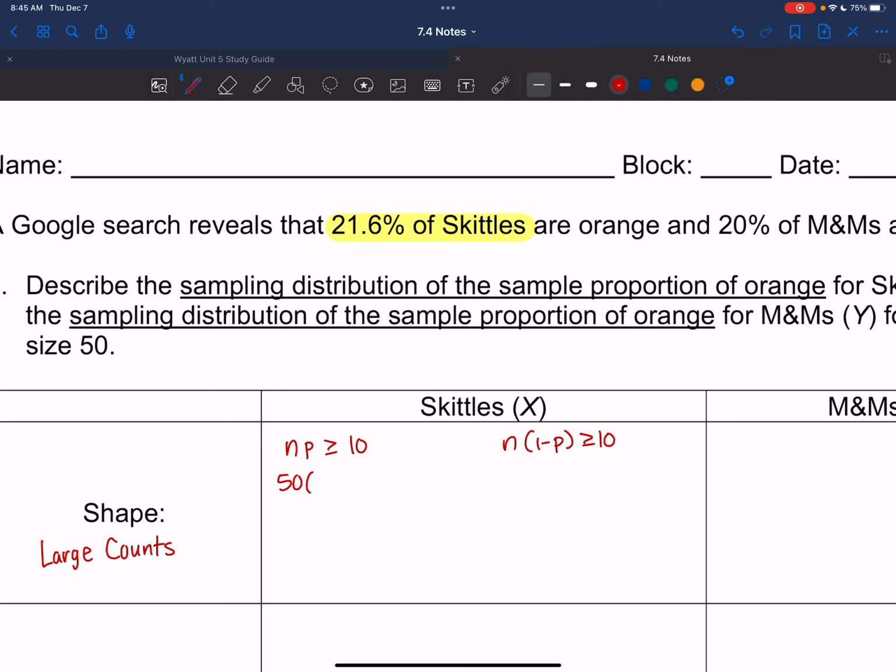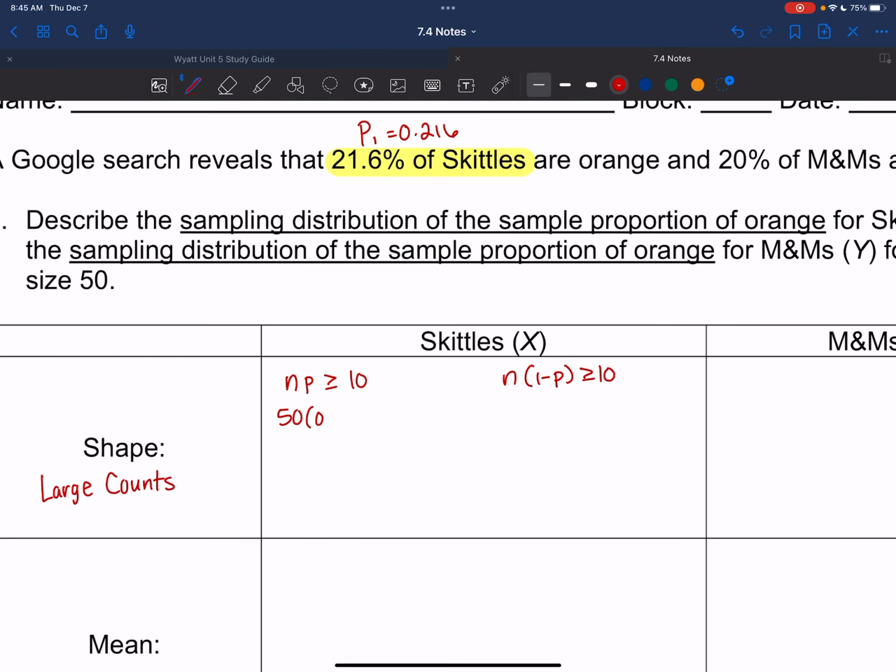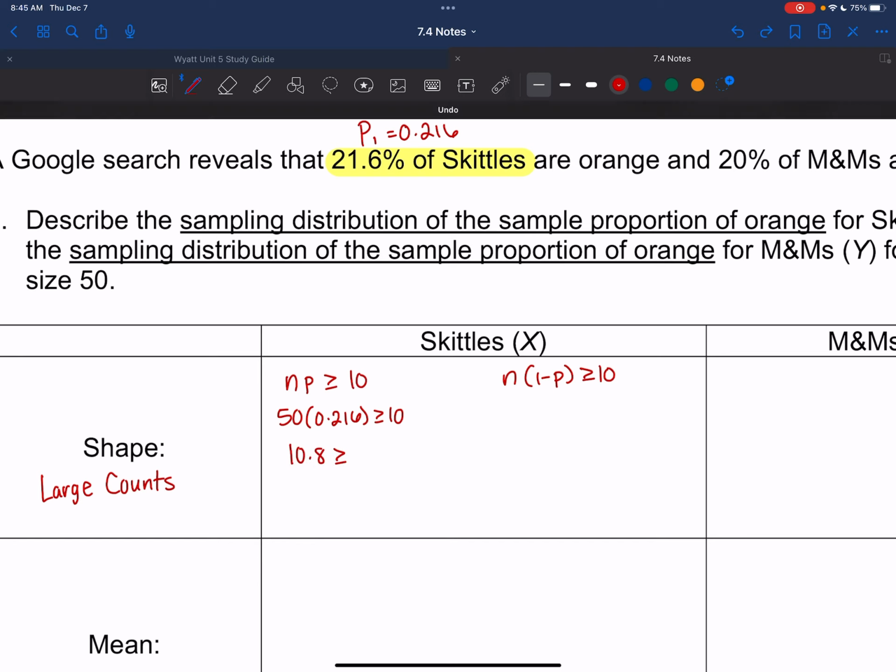So this is going to be our P1. P sub 1, we assume is going to be 0.216. So we're going to have 50 times 0.216. And if we do that, we're going to get 10.8, which is in fact greater than or equal to 10.